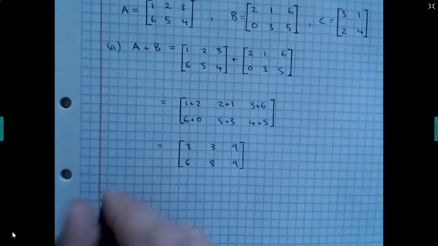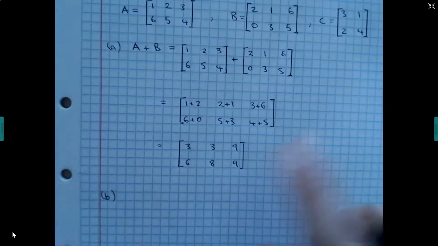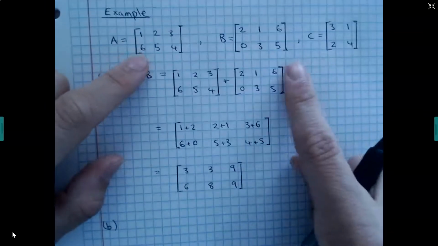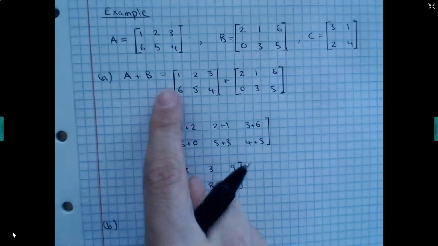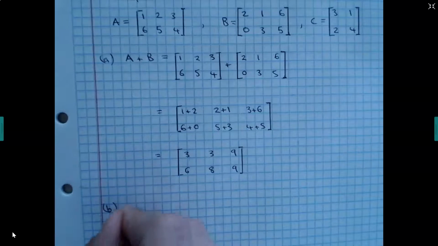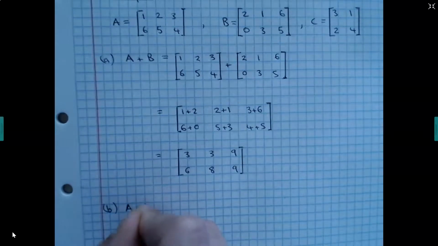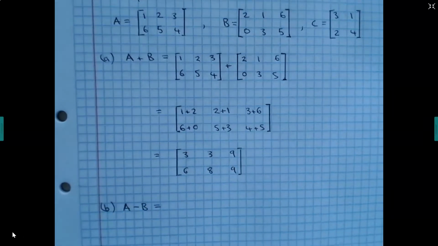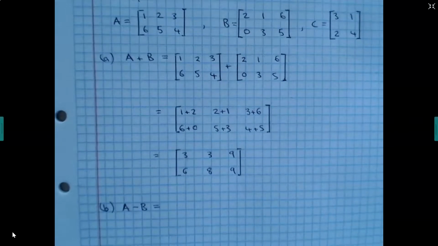Alright, so next we're still going to use A and B, but rather than going A plus B, I'm going to go A minus B. So A minus B. Would you guys feel comfortable to do that in the same way that we did the addition?